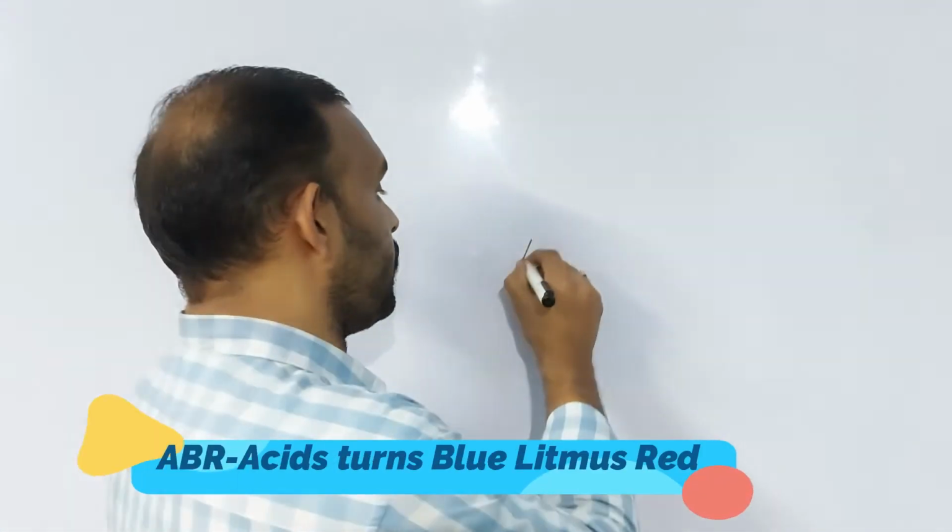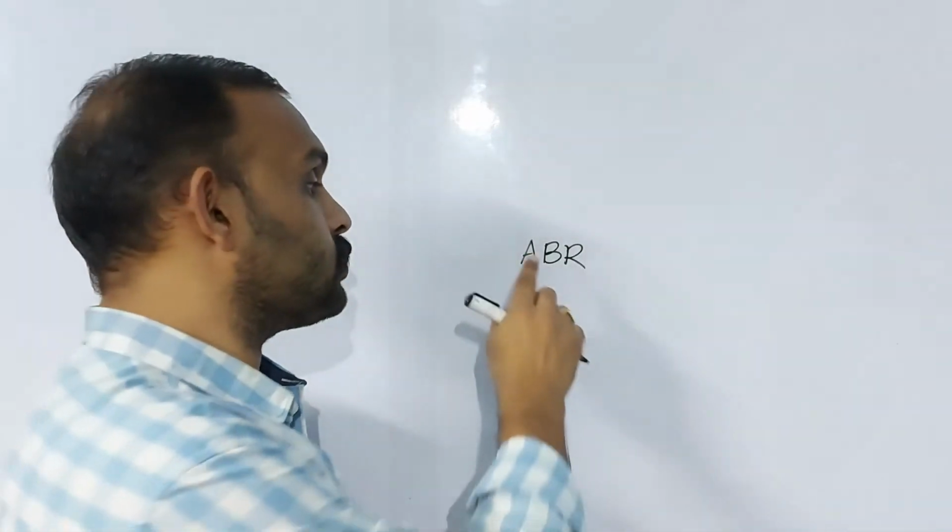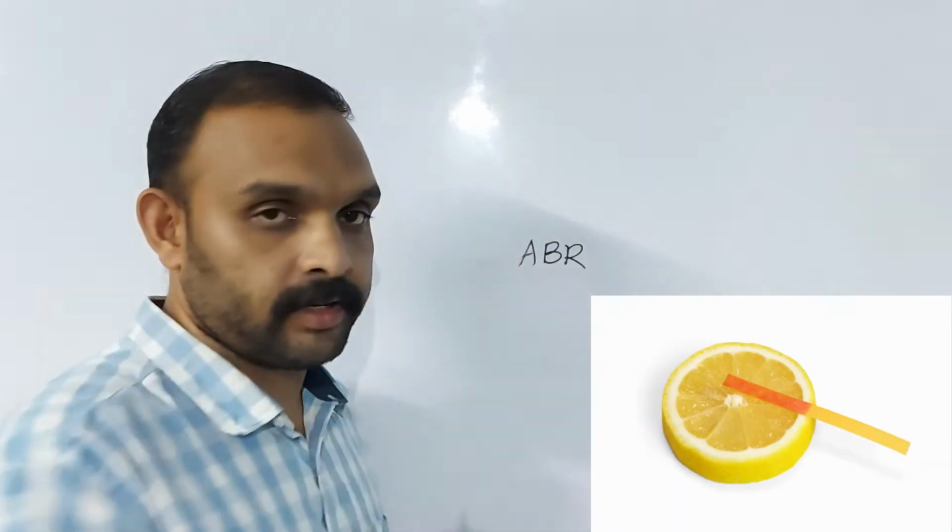Acids are sour in taste, that is the first physical property. Second property is that all acids turn blue litmus red. I have given one shortcut for that. What is that shortcut? Do you remember? It is ABR. That means acids turn blue litmus red.